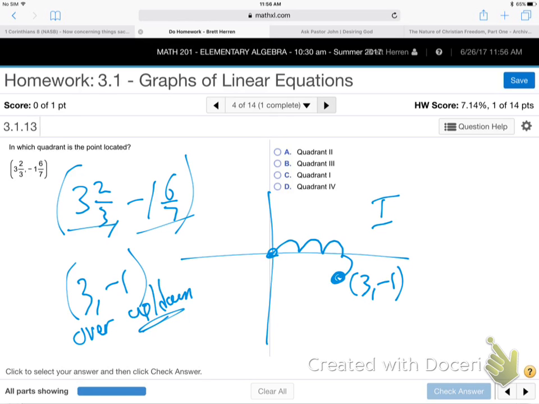This is 1, goes counterclockwise 2, 3, and this is 4. Quadrant 4 on that. That good? So the two numbers with the parenthesis and the comma, first one is over, second one's up or down. You can't reverse that, it'll mess you all up. First one's over, second one's up or down. X then Y. All right.